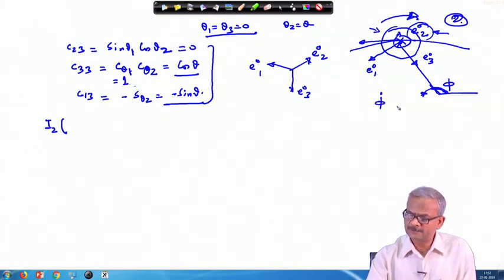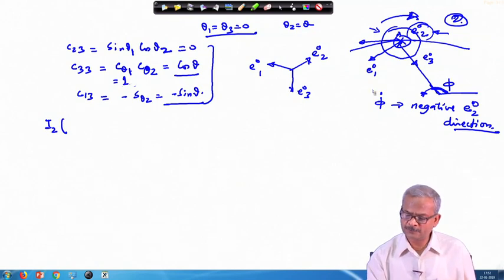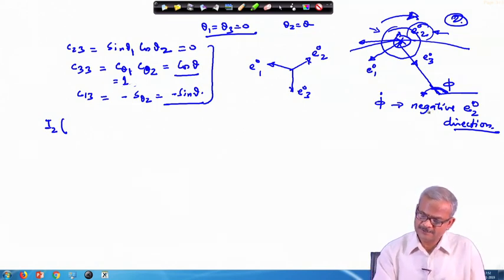This is along the negative EO2 direction. Because no other motion is involved, you can check it directly.